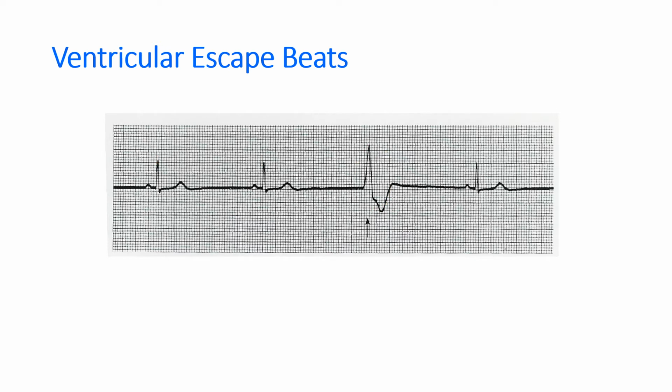So this is kind of like a backup pacemaker that kicked in, and then your patient's own SA node fired in and came in. And again, it's usually during a bradycardia where it slows down to less than 40, and therefore your ventricular escape beat will kick in.